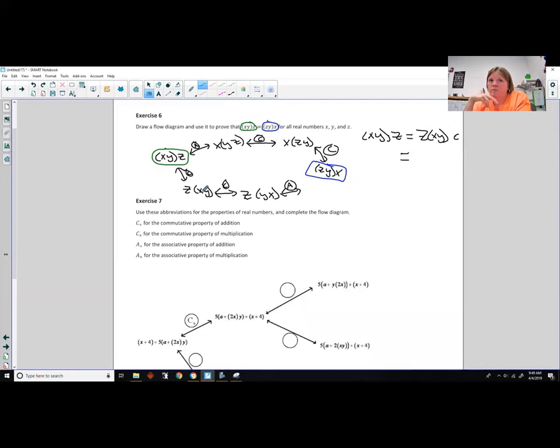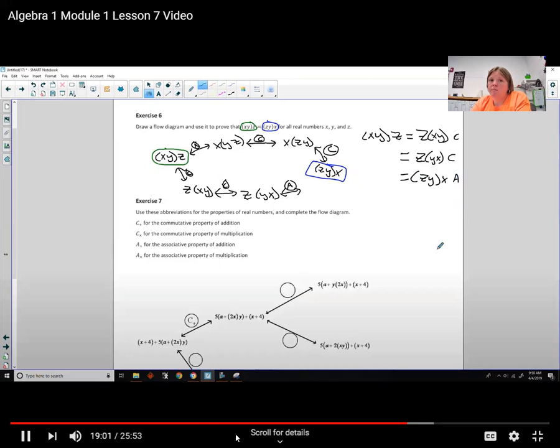And that's going to equal, over here, z, (y, x). All I did is rearrange what's in the parentheses. That's also the commutative property. And then move the parentheses, so it's (z, y) and x out here, and that's the associative property.